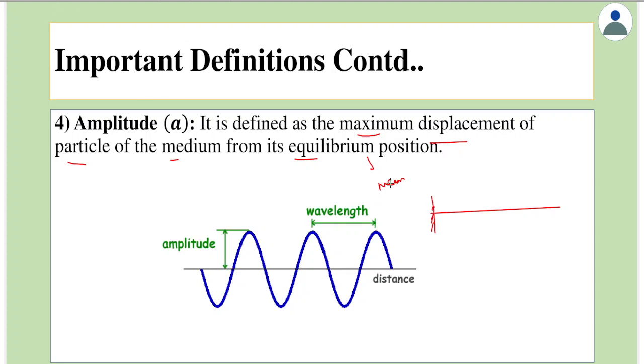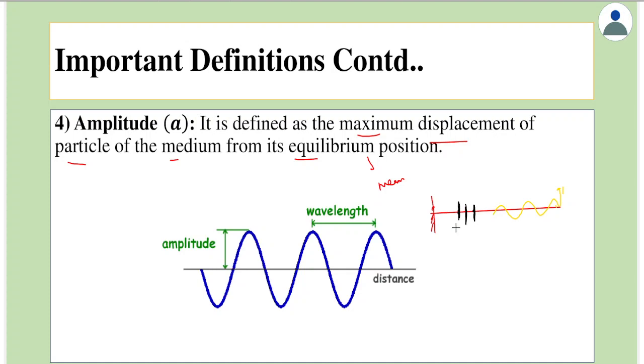Suppose somebody gives a push to this rope. If somebody keeps on pushing the rope continuously, a wave is generated in the rope. In this case, we saw that each particle will oscillate about its mean position, like this.